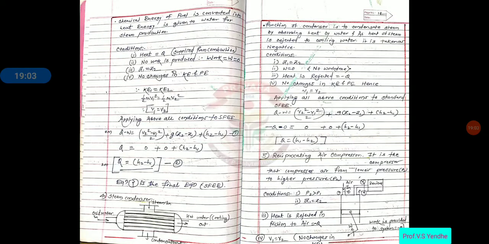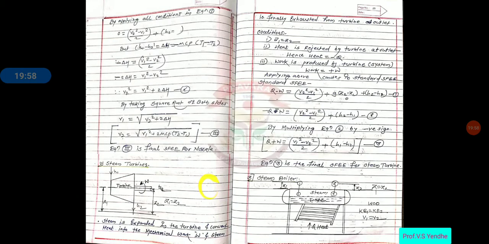So heat is equal to Q, because the heat is supplied, that means it is positive heat. No work is produced, W is equal to 0. Z1 is equal to Z2, and no change in kinetic energy, that means V1 is equal to V2. Applying all these conditions to the steady flow energy equation, Q minus W is equal to (V2 square minus V1 square) divided by 2 plus g(Z2 minus Z1), which becomes 0, plus H2 minus H1.